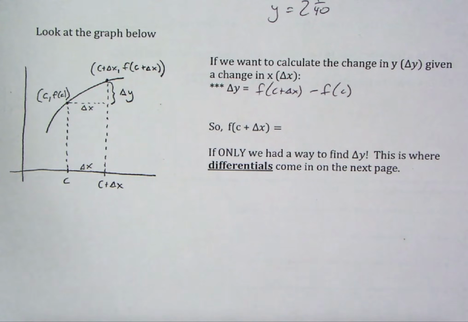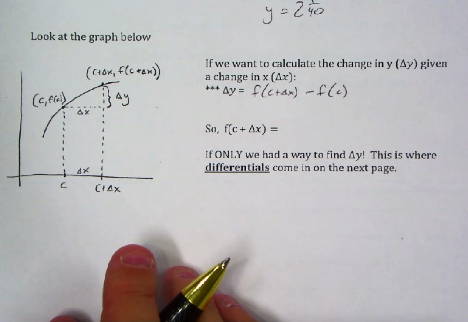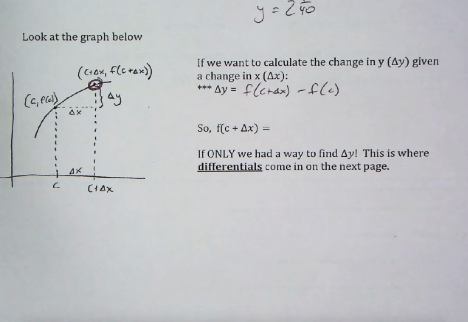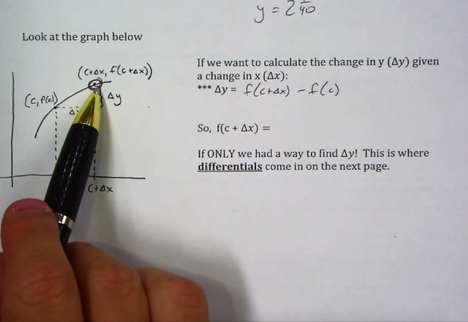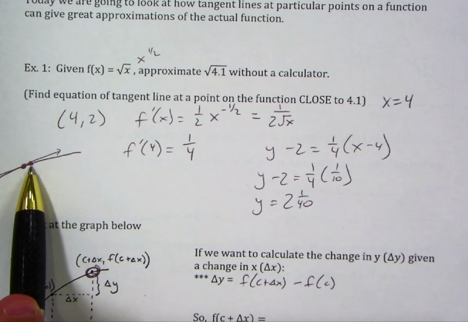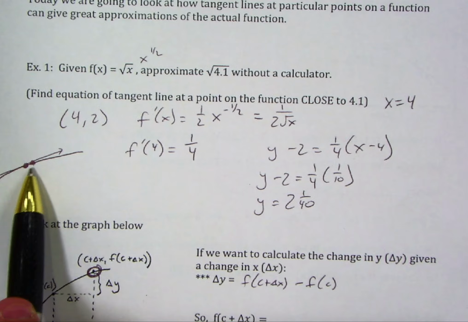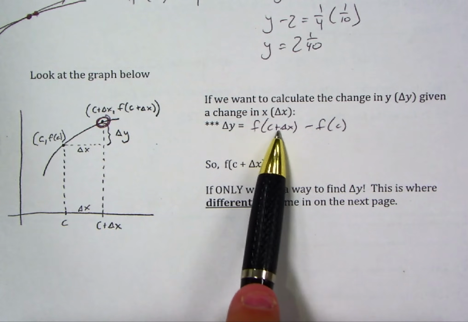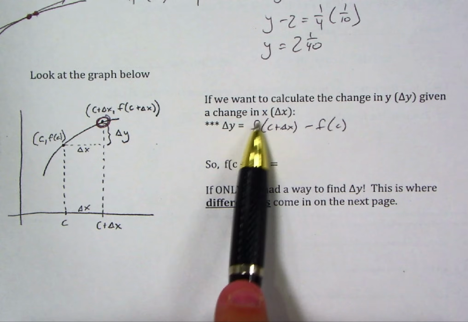f of c. Well, if you think up above, the thing we're after is the y value right here. That's what we're actually after. That's kind of what the square root of 4.1 was right here. That's the thing we're trying to find or approximate. So that's the f of c plus delta x. I'm after this thing.